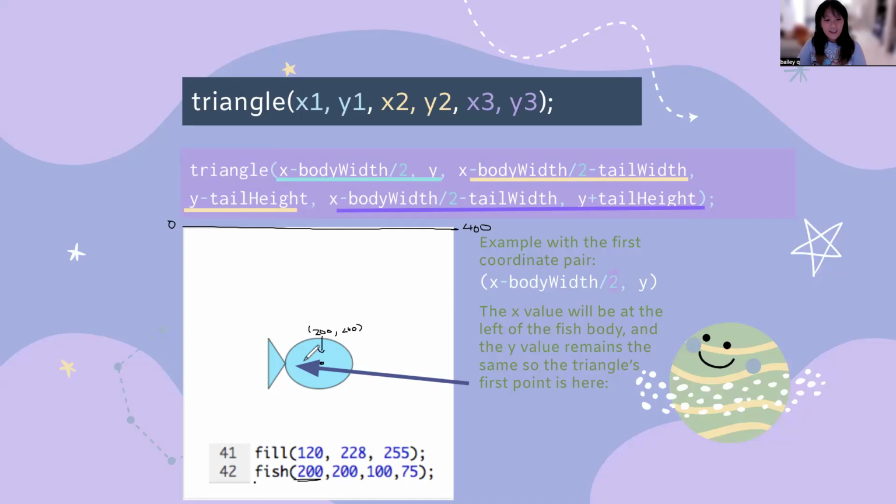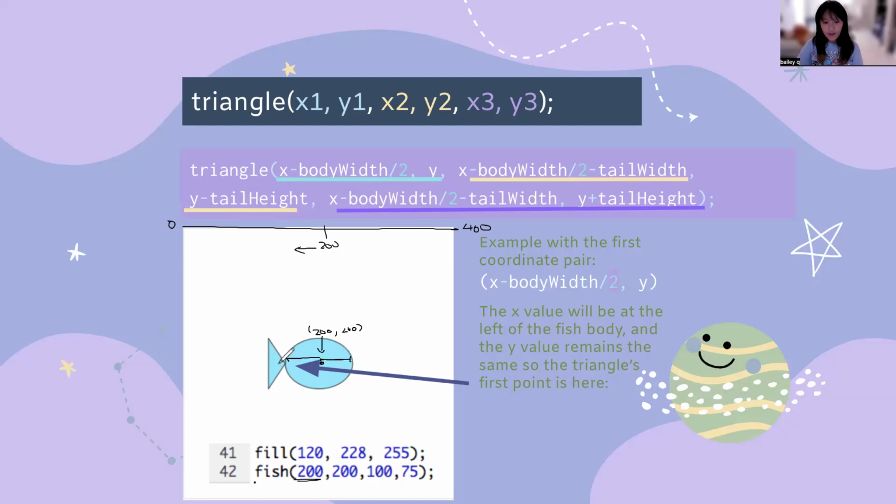If we are taking half of the body and going half of it to the left, because subtraction makes you go closer to 0, so if we subtract from it a larger number like 200, it doesn't matter how big the number is, it's still going to go left, right? We're subtracting half of the body width, and that's where we're plotting our first point. So half of the body width is half of this right here.